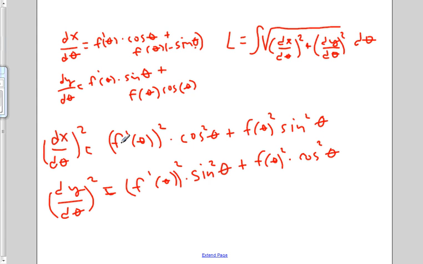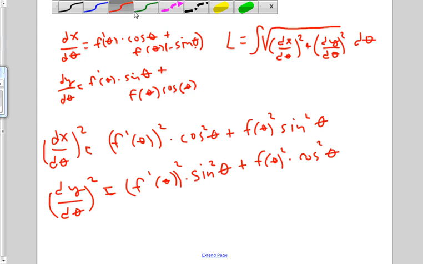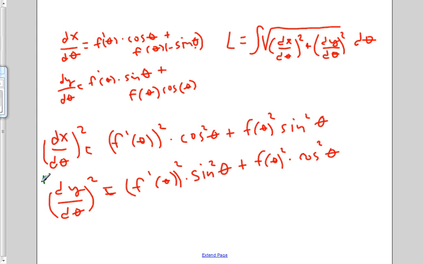And so when I add these up, just adding vertically, since I could factor these two out, I'm left with just cosine squared plus sine squared, well, that's 1.